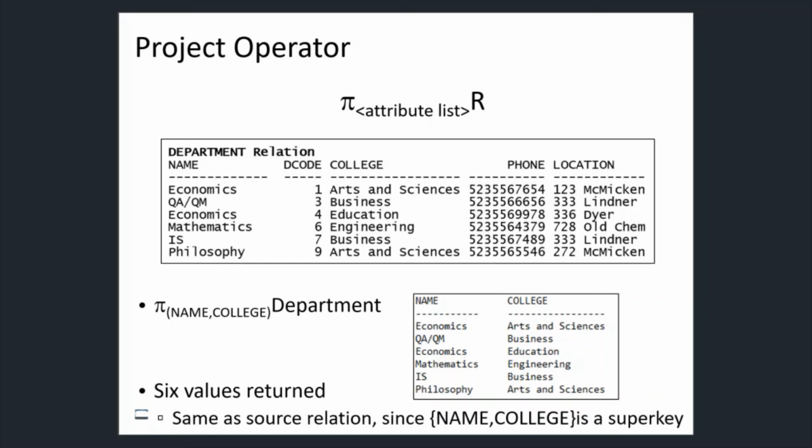Remember that a superkey uniquely identifies every tuple in the relation. So every single tuple in the department relation is able to be uniquely identified by the combination of name and college.